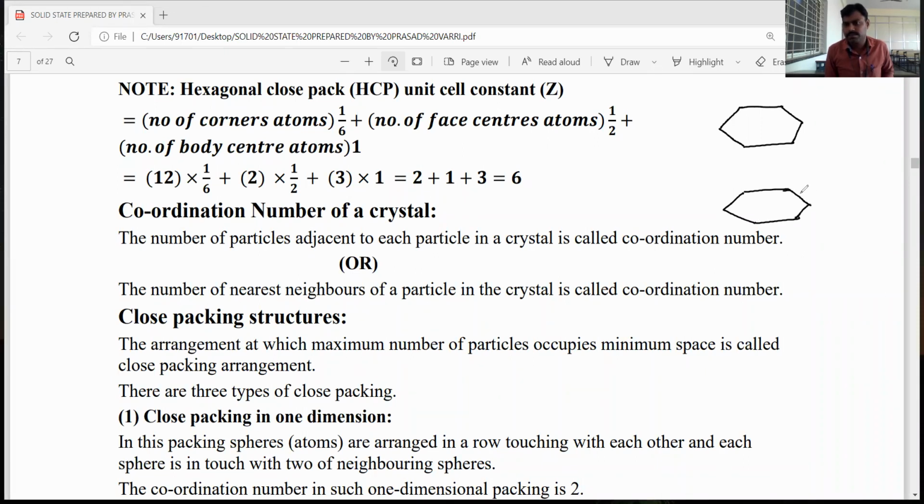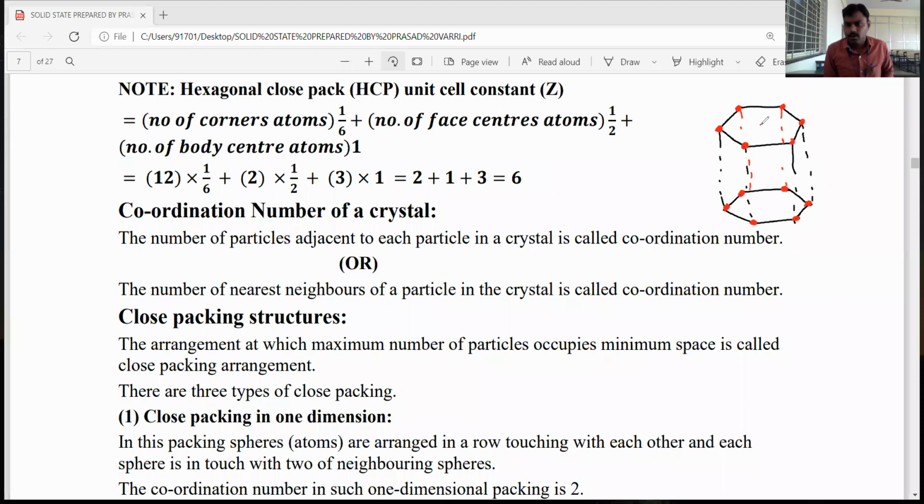Hexagon has 6 corners above and 6 corners below. You just have to connect these corners. Like that, in the hexagon the atoms are present at corners: 6 plus 6, total 12 corners are present. The atoms are present at 12 corners.